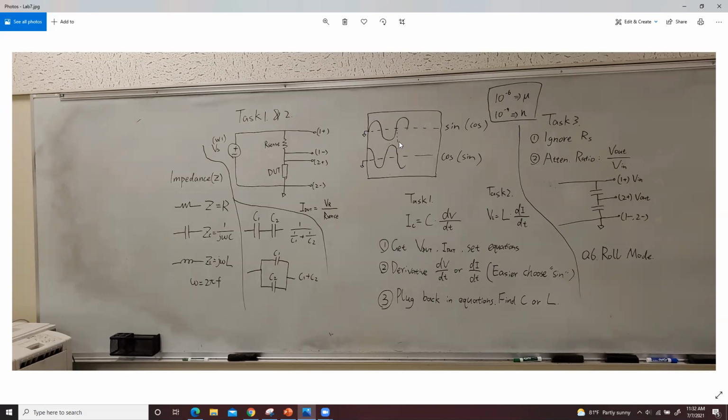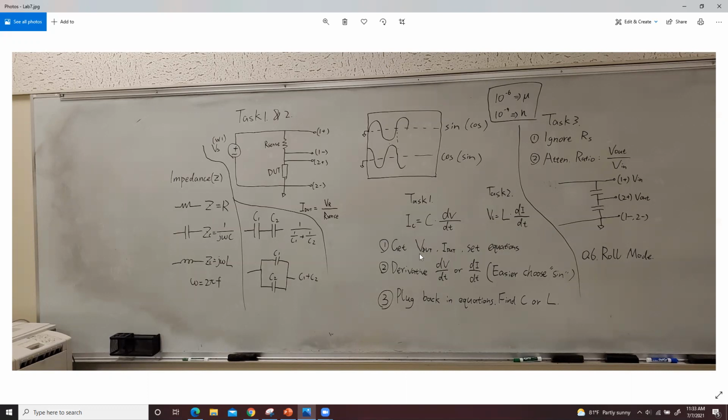After you get these two plots, you can use these two equations to calculate the capacitance or inductance. The first step is to find the equation for V_DUT or I_DUT, the voltage across the capacitor or inductor, and the current across the capacitor or inductor.